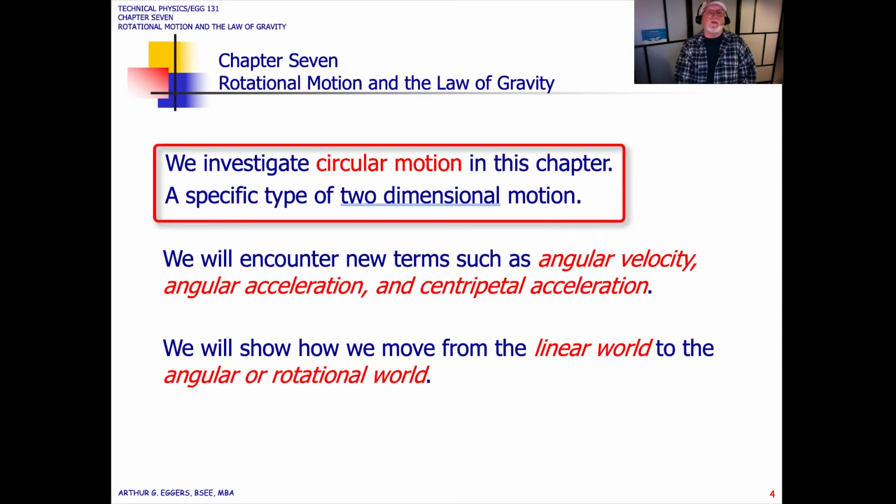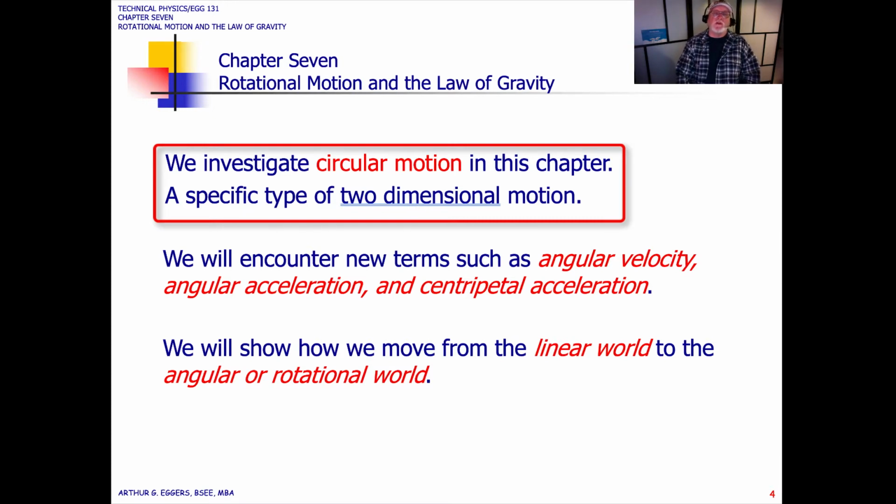So as we go through, we're going to investigate what circular motion looks like. So we're going to start looking at things that occur where we have a rotational motion. A specific type of two-dimensional motion then will be defined, and what we're going to build on here is understanding that as we move around a circle, we've got not only the length or the dimensions of the circle, but we've got things that are radial and diametric as well.